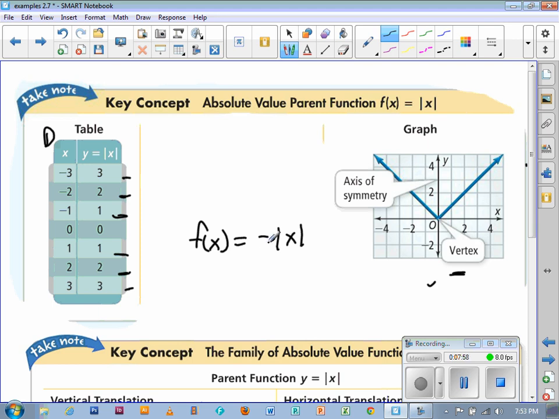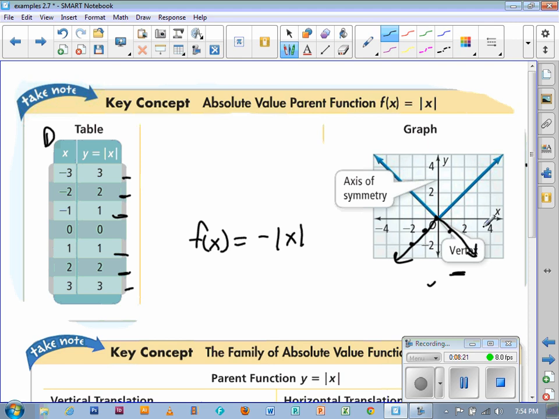So if I put -3 in for x, I get an absolute value of -3, which is 3. And then if I apply the negative after, it's -3. The effect that has on my graph is it reflects it over the x-axis. As you can see, it goes the other direction. So that's what happens when A is negative.